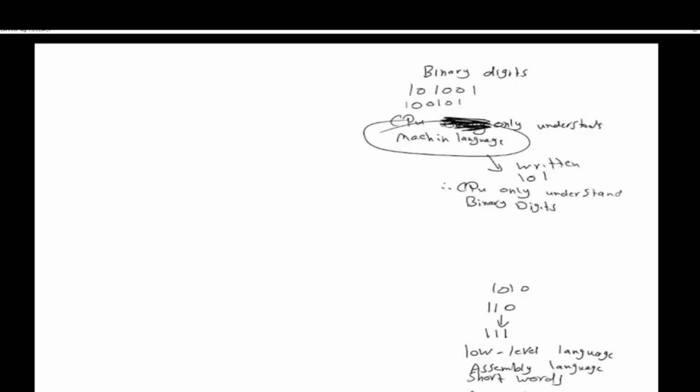It's used to convert instructions written in assembler language into binary digits.